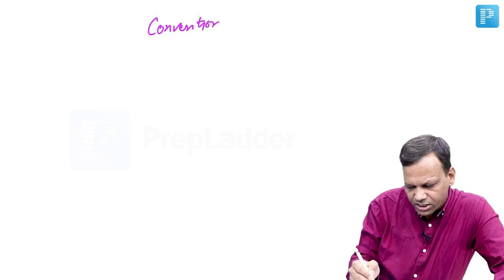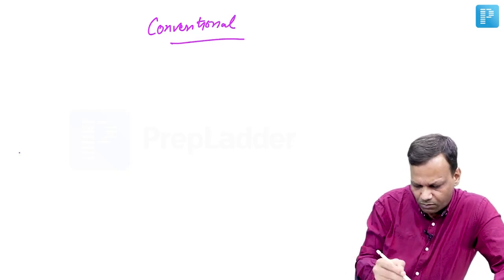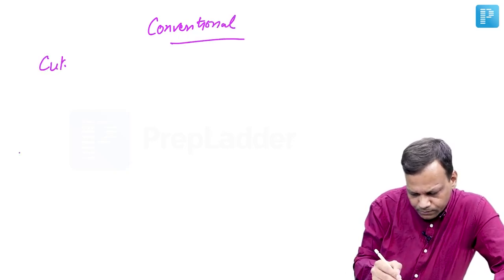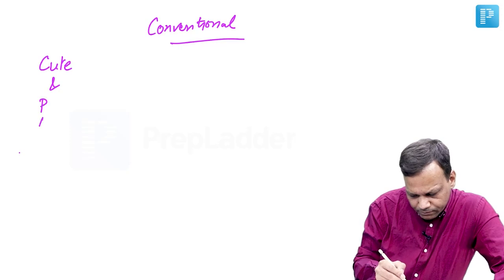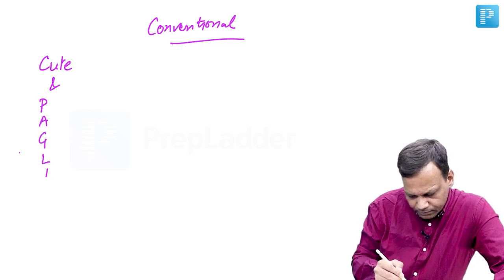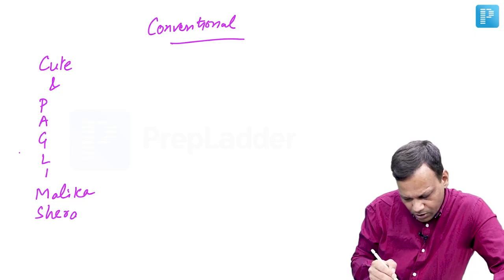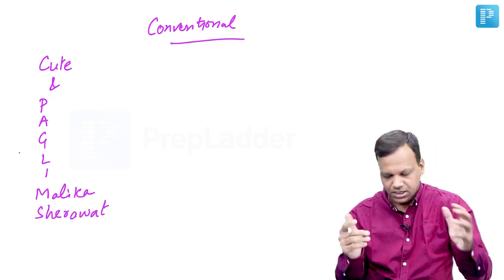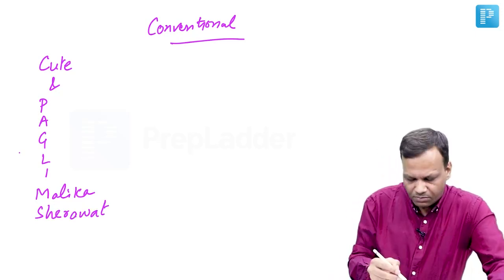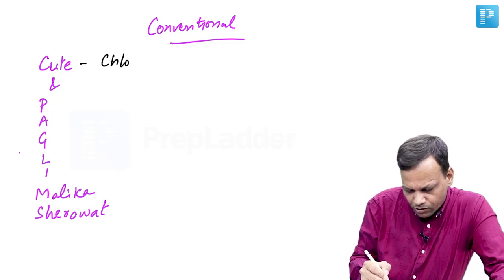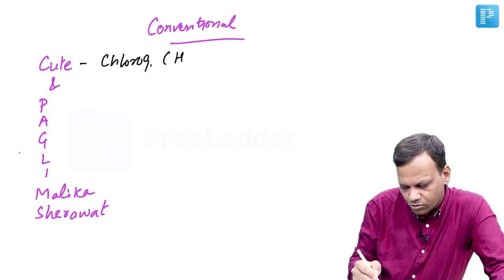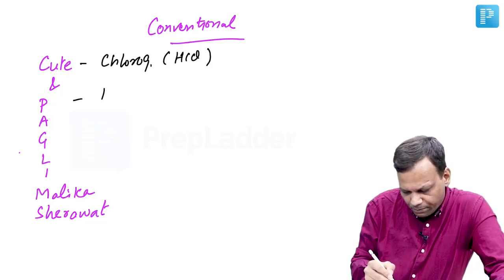The important conventional DMARDs you can remember from the mnemonic "cute and Pagli Malika Sherawat". These are conventional DMARDs. C for chloroquine. Chloroquine, mainly we use hydroxychloroquine. P for penicillamine.